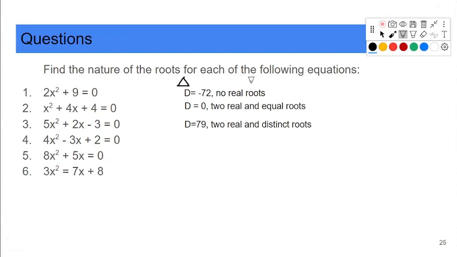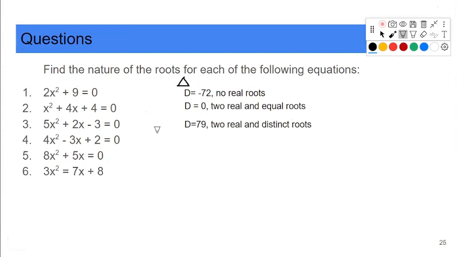Well, I got 79. Okay, let me just double check that. Maybe I made a mistake here. Now I look at it again, it seems like it is 64. So that seems like a mistake. But it's still two real and distinct roots, so maybe that was for another question I had there before.